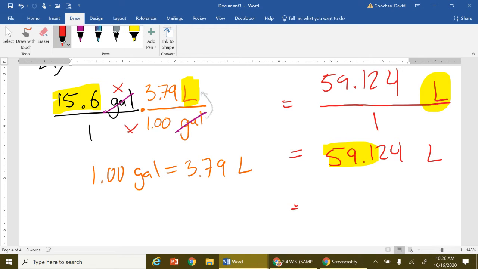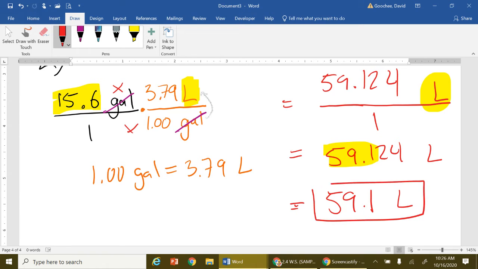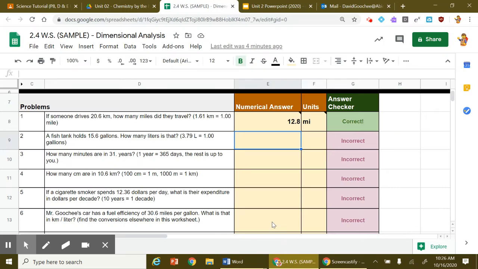So the answer is 59.1 liters. Does that work? Let's check. 59.1 liters. Let's plug it in. That works. Okay, great. On to the next one.